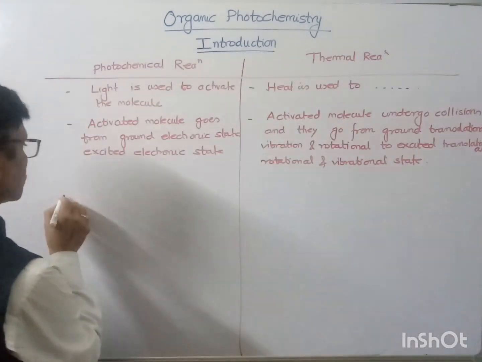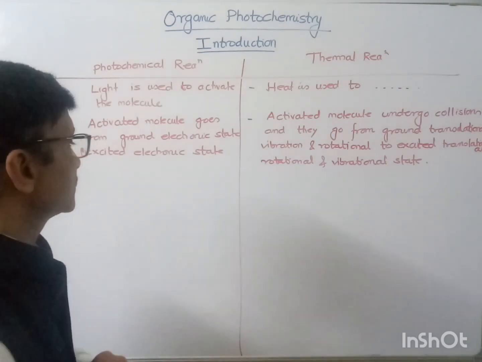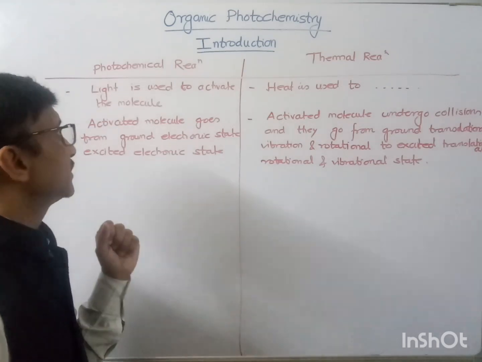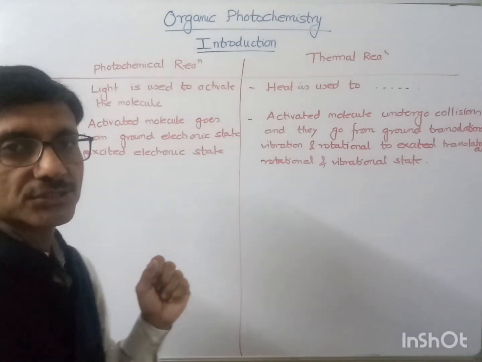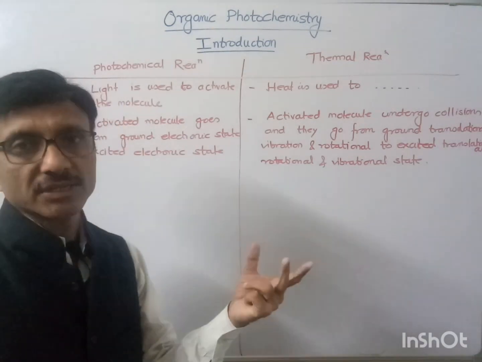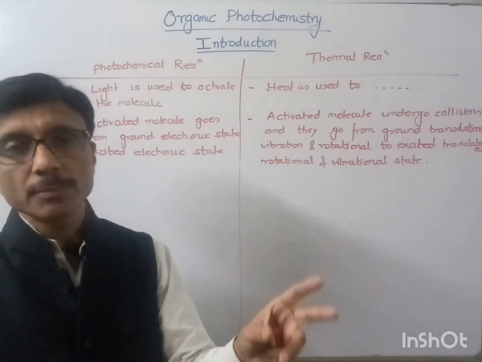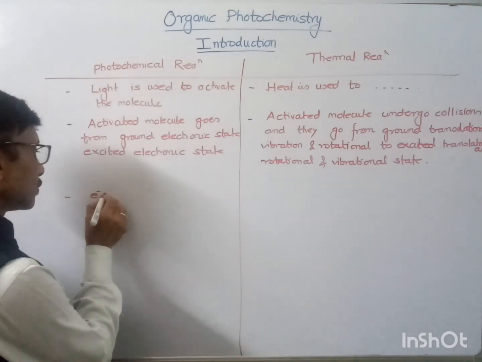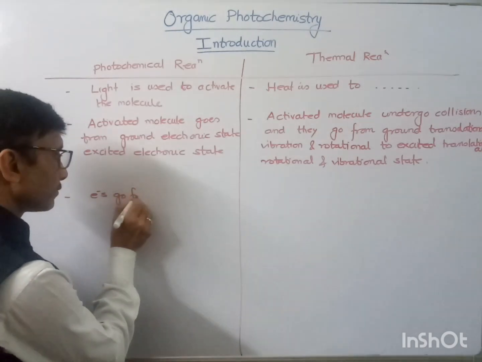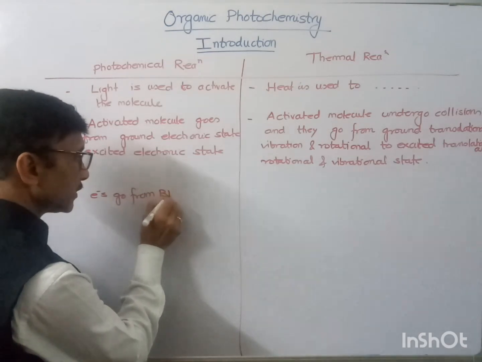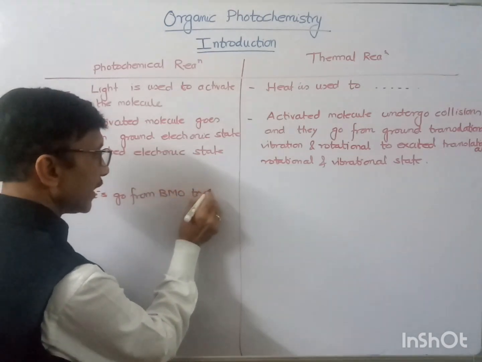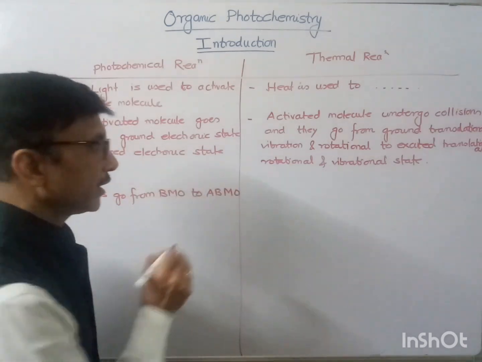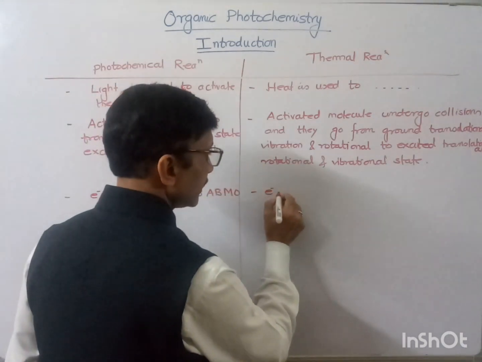Now, another difference here: in a photochemical reaction, after excitation the electron goes from the bonding molecular orbital to the anti-bonding molecular orbital. Here, in the thermal reaction, the electron usually remains in the bonding molecular orbital.